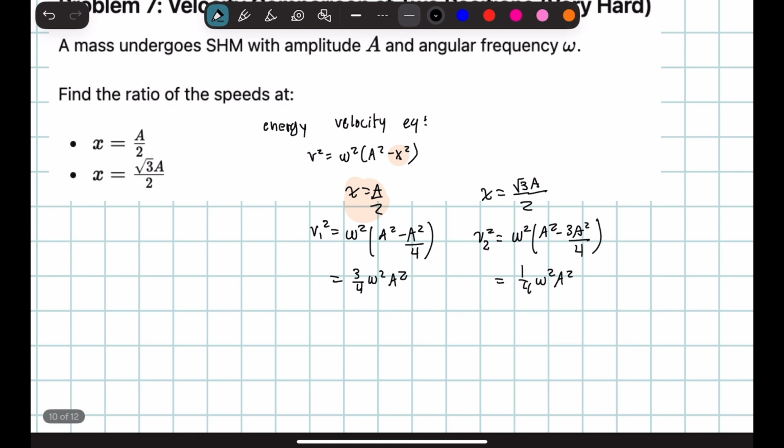And from here, we can take the ratio of v1 over v2, and that's going to be 3 over 4 over 1 over 4, because we can see that they both have those in common. And you have to take the root of both sides because you want to get rid of that squared. So then the ratio is going to be root of 3.